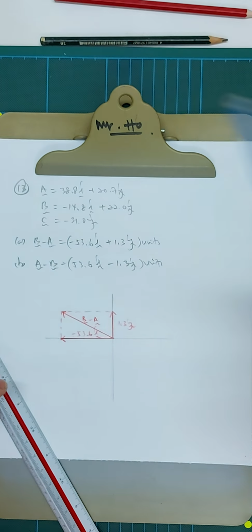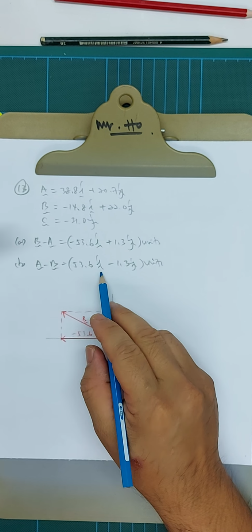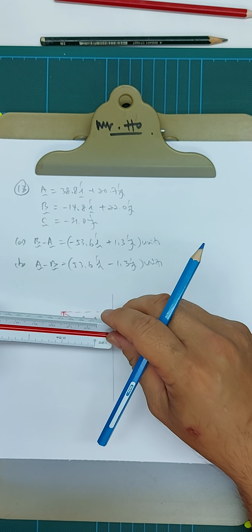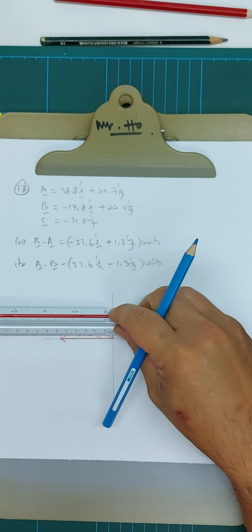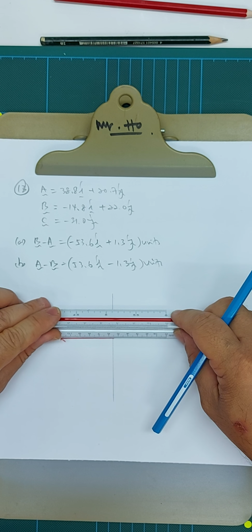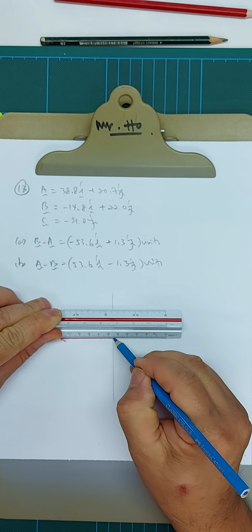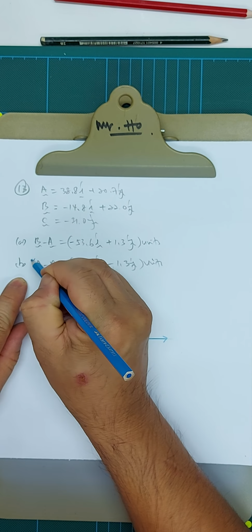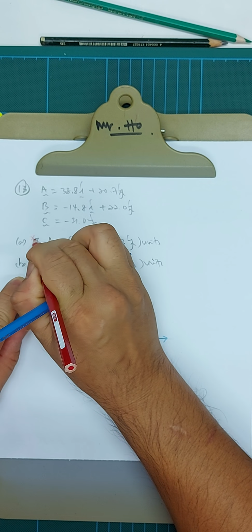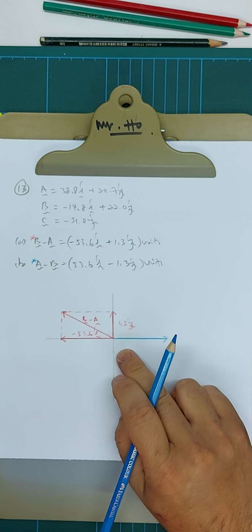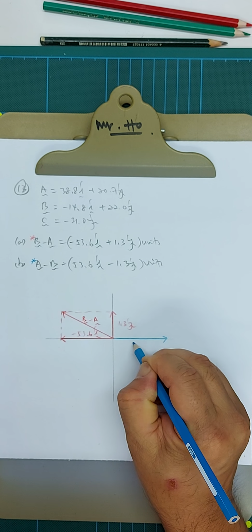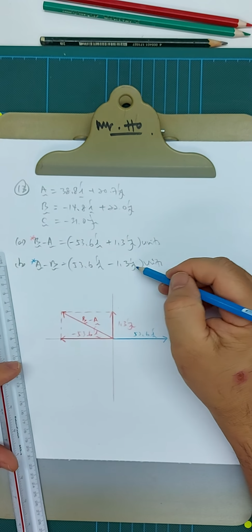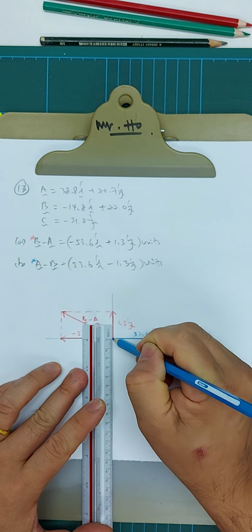Then the blue color is 53.6, so I will be using the same 5.6 here. This one is the blue one, this one is the red one. So the blue one is positive 53.6i, and then you have a negative, remember I used 3, right?